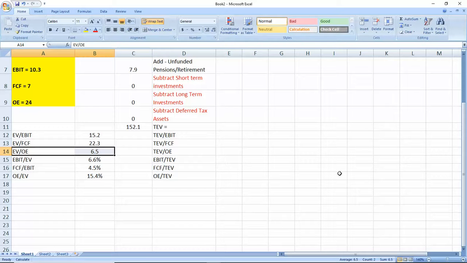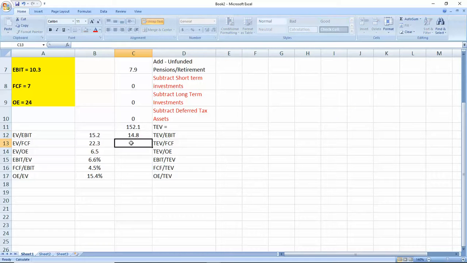So TEV to EBIT, 152.1, 14.8. Divided by 7, 21.8. 6.3.